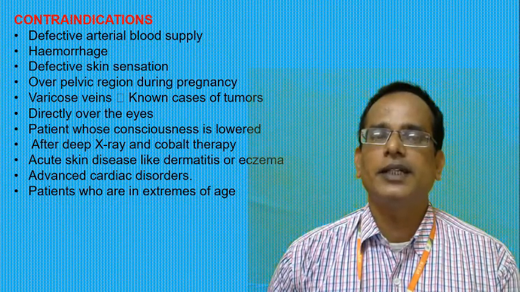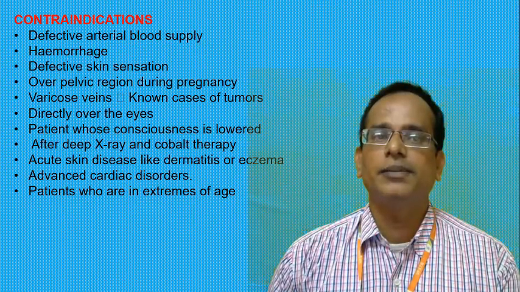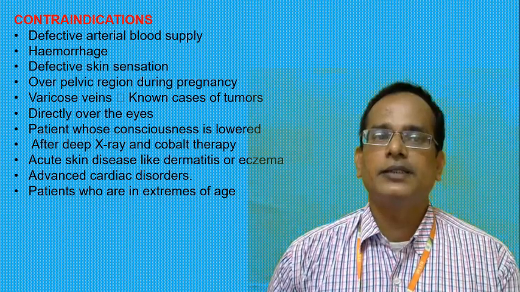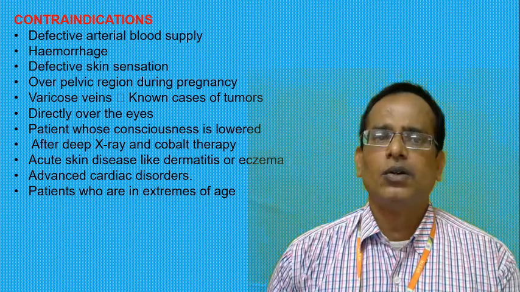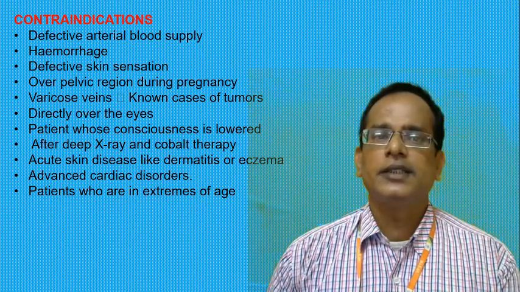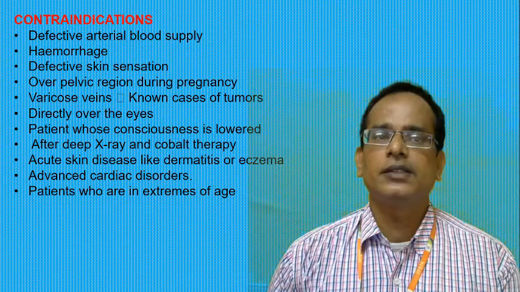First one is defective arterial blood supply. Those who have it should not go into this therapy. Hematoma, that is those who have a head injury, should not go for this treatment. And defective skin sensation, they should not go for this one.